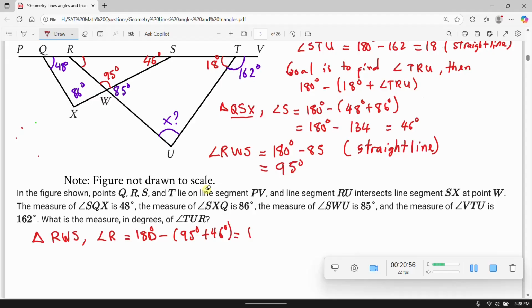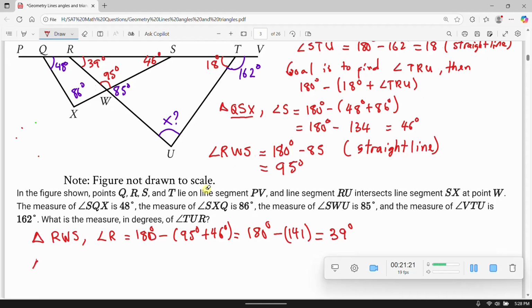That is equal to 180 minus 141. So that's going to give me 39 degrees. So that angle R is 39.